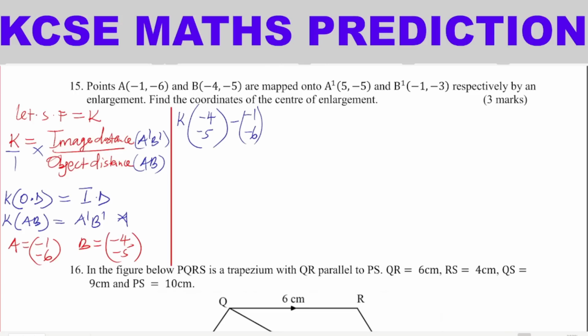Let me enclose this, is equal to A prime B prime.